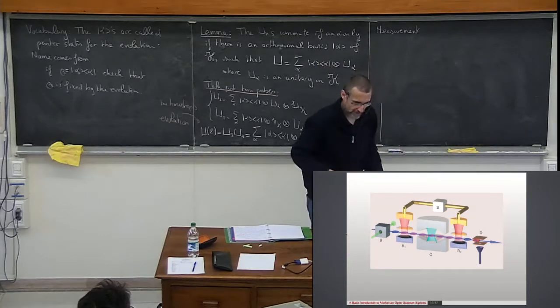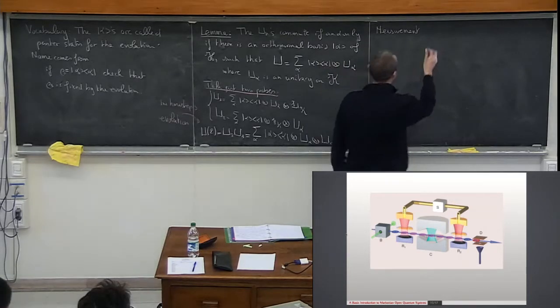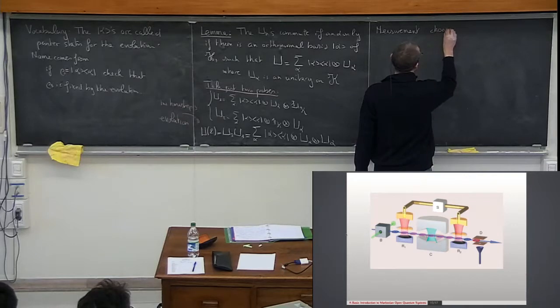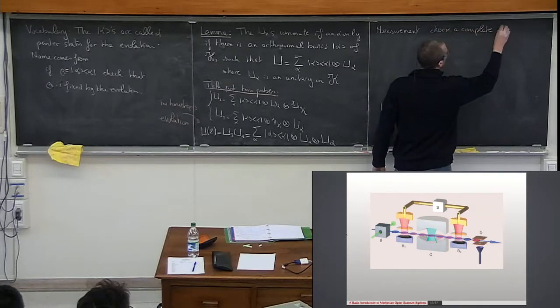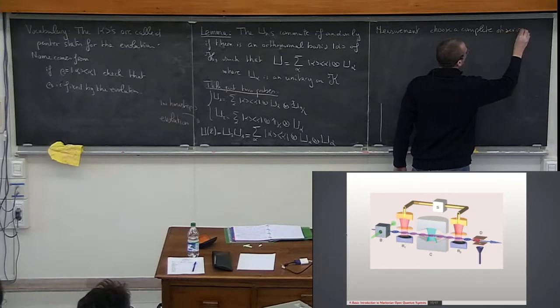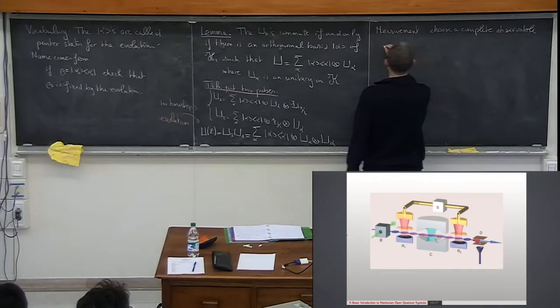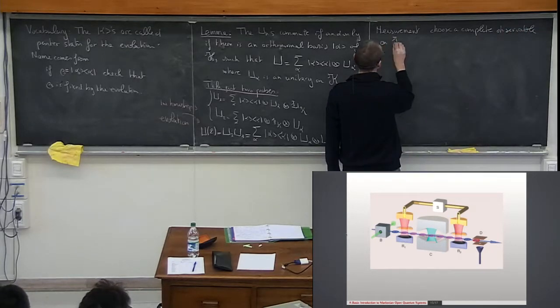And then we choose an observable. We choose a complete observable on H, on K, I'm sorry.